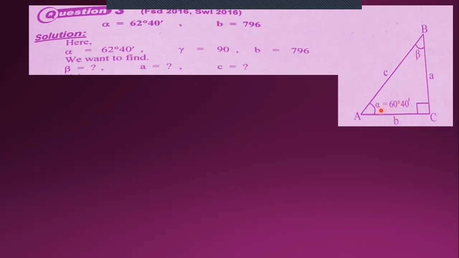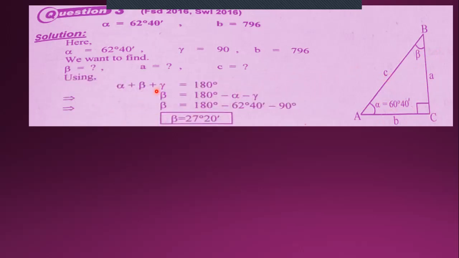Similarly, using the usual notation, the side opposite to capital A is small a, the side opposite to capital B is small b, and the side opposite to capital C is small c. You can see the base, perpendicular and hypotenuse here: B is base, A is perpendicular, and C is hypotenuse. Now we need to proceed.